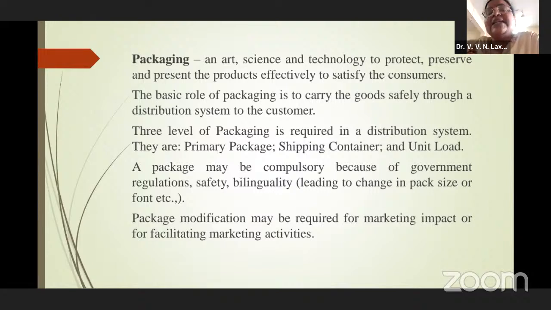The present compulsions go to such an extent that even for laptops and televisions, the manufacturing year and also the expiry dates are very clearly marked over the package. Not only that, stocking instructions also have to be given. Usually an upright umbrella is shown, that is, which way it is to be held, upright.